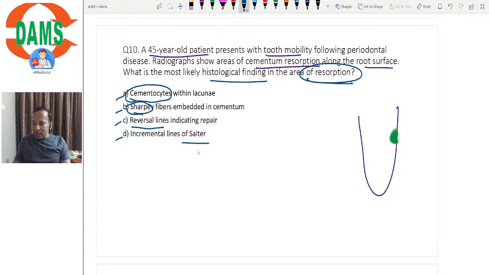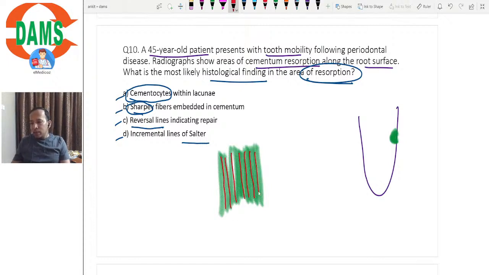Anshul says incremental lines of Salter. Actually, incremental lines of Salter are the incremental lines of cementum. Let's say this is the cementum and it gets deposited incrementally, just like dentine and enamel, right? So between subsequent increments, you will see the incremental lines of Salter.